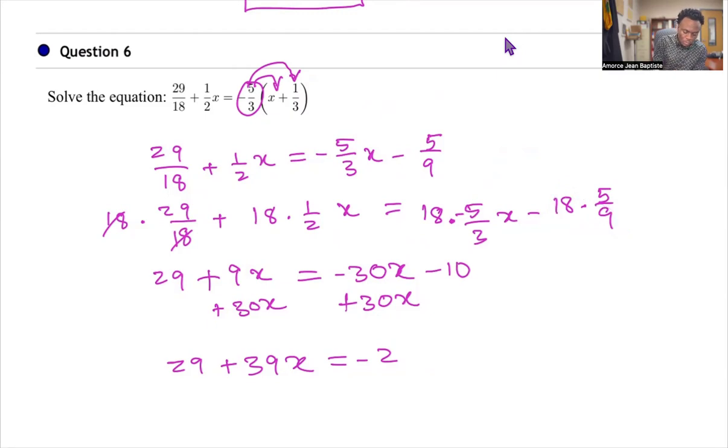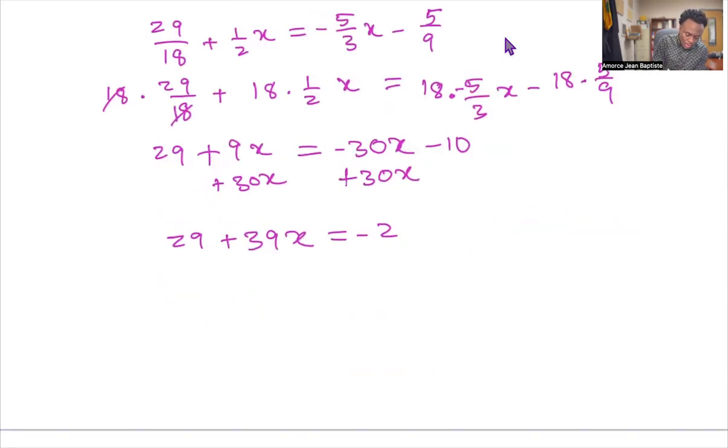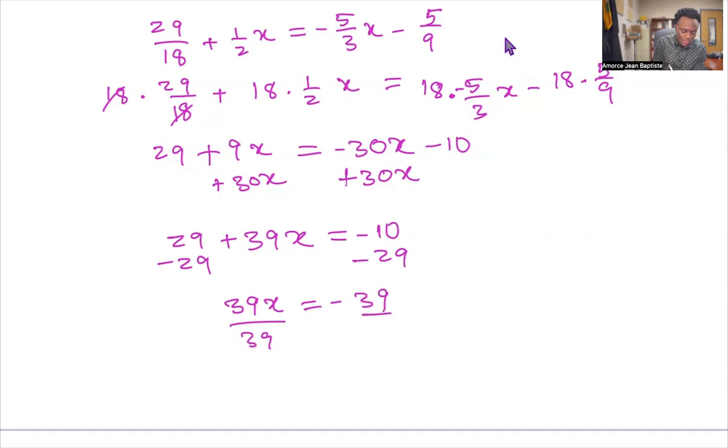So that's negative 10 here too. So we can subtract 29, that's 39x equals negative 39. Divide by 39, x equals negative 1.